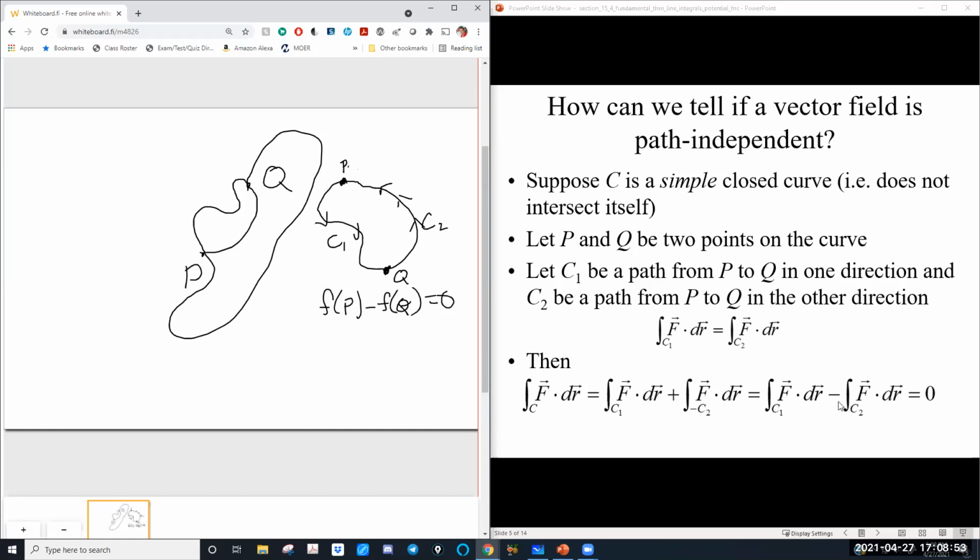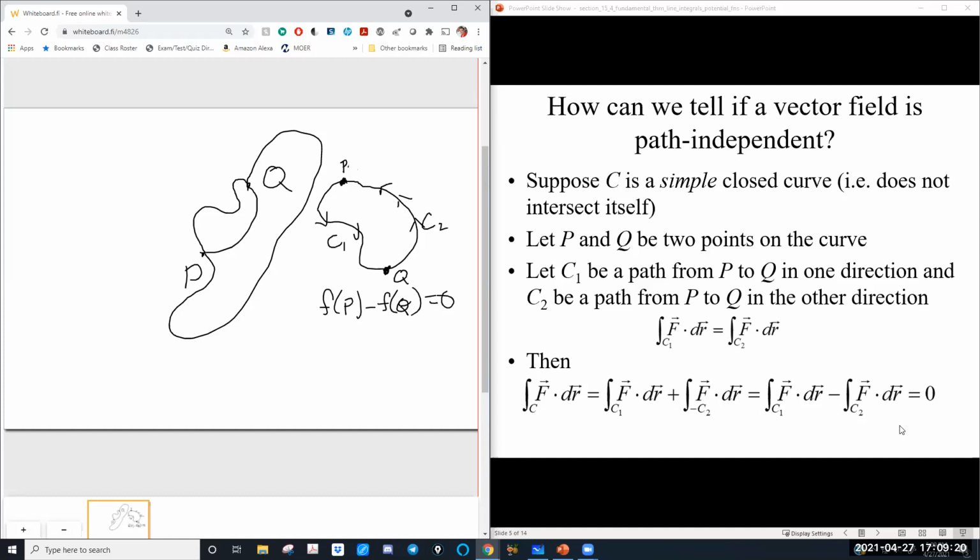Then from our property of integrals, that's the same as the negative of the integral on path C2, which equals 0. Basically, what this is saying is any two paths that we take from P to Q are always going to subtract to 0, because this thing is path independent and the path does not matter.